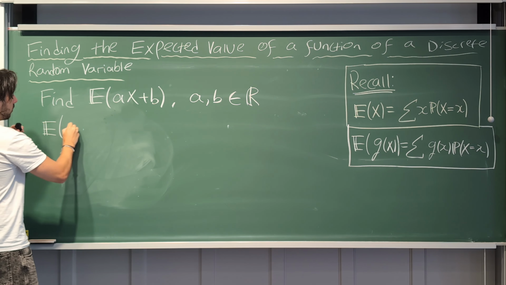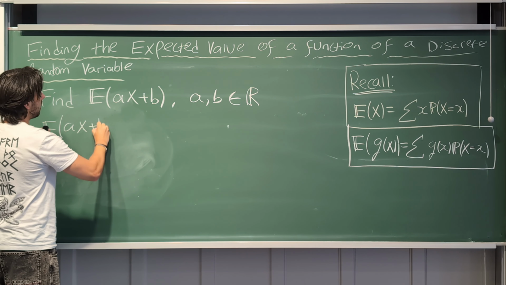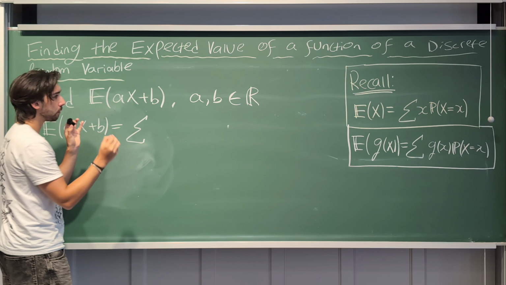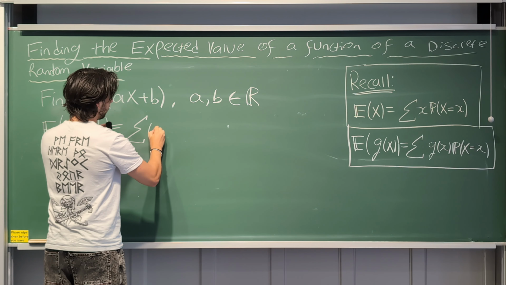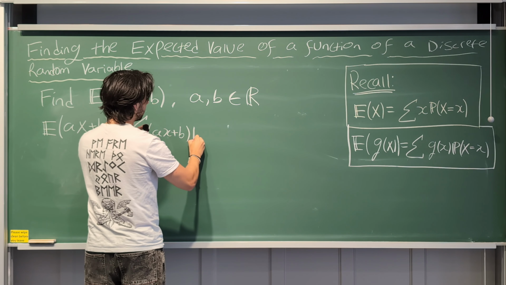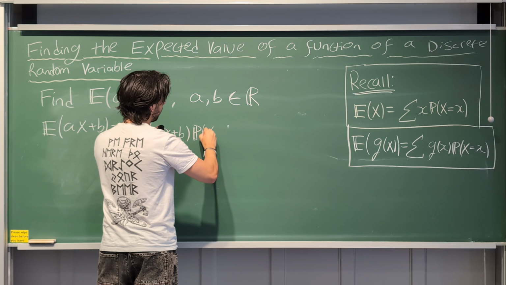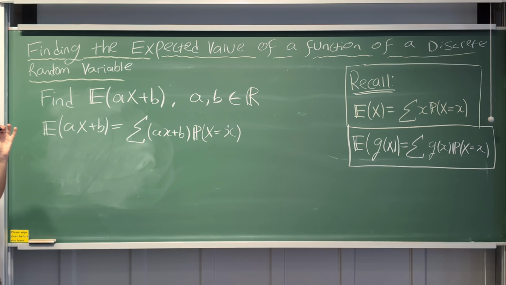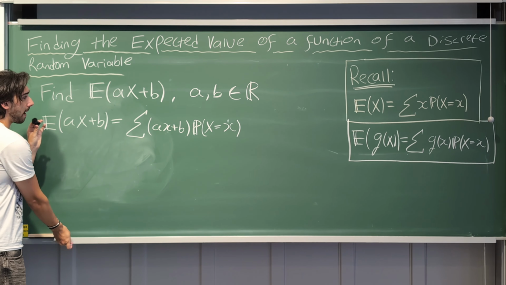So the expected value of ax plus b, using the formula, is the sum over all of the values of x of ax plus b times the probability that the random variable is equal to each of these little numbers. Now, from here, we can expand it out.